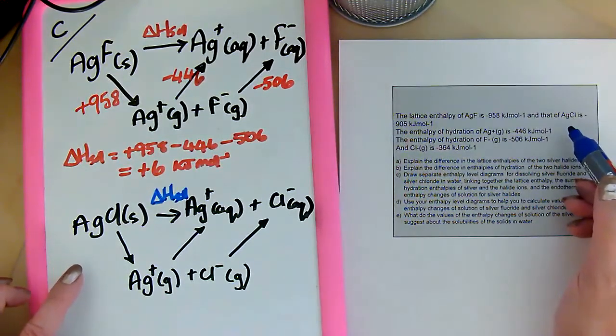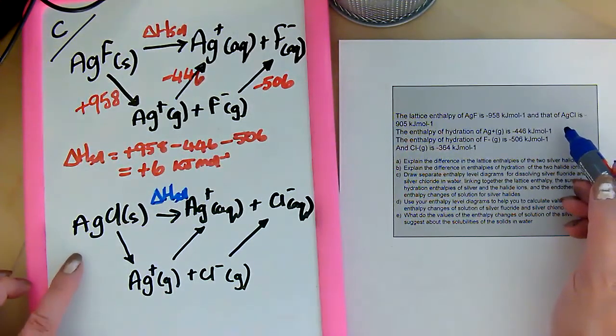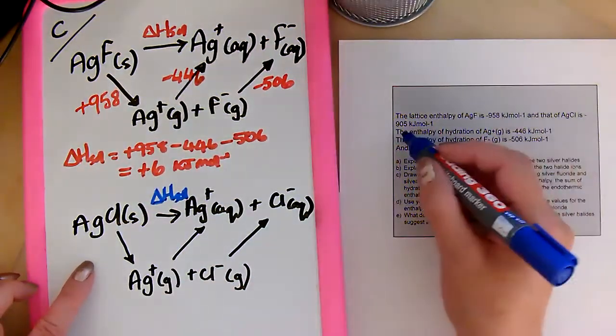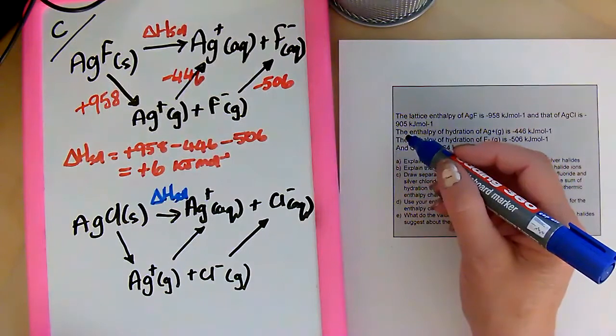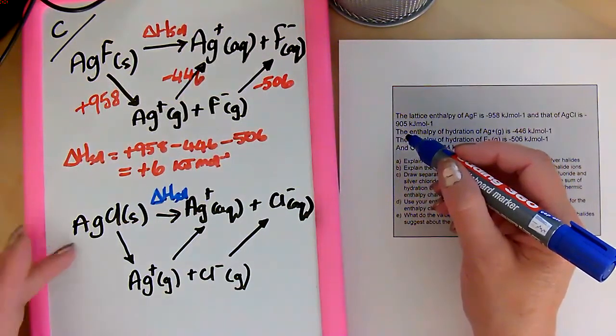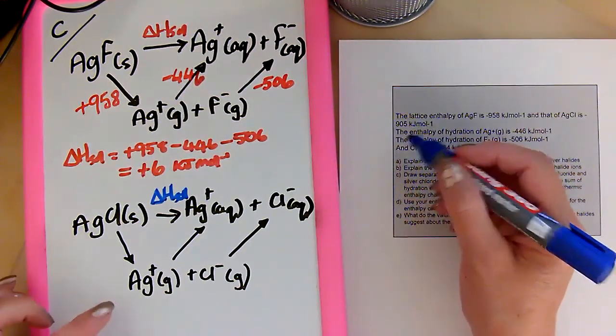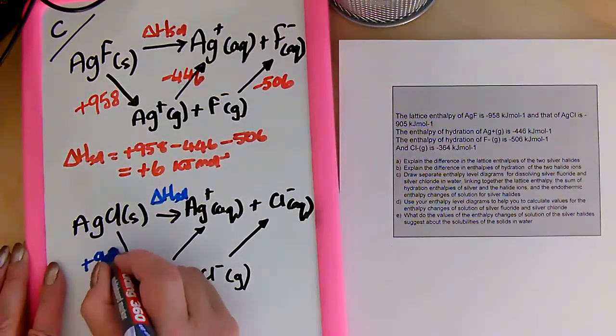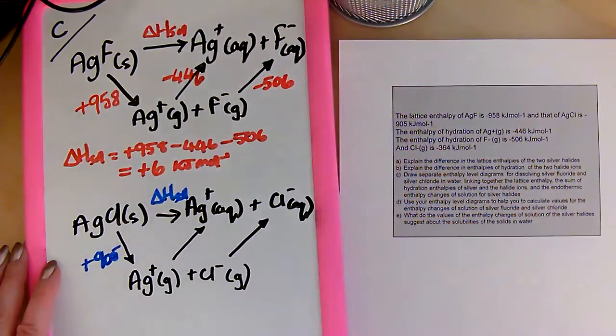The lattice enthalpy for silver chloride is minus 905, and because it's negative, that's the formation of the lattice. So we're doing dissociation of the lattice, so it is the opposite way round. So we're having to put energy in, and that's plus 905.